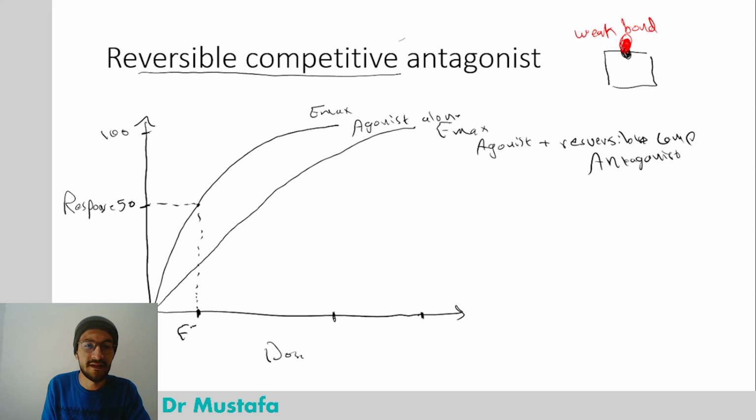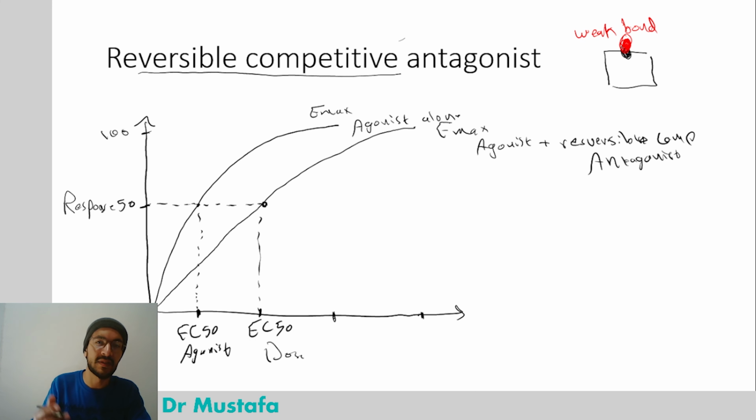So that's the EC50 for the agonist, while for the agonist with the reversible competitive antagonist it would be right here. That's the EC50 for the reversible competitive antagonist, and we notice that they both have different EC50s, and that's also something to note.